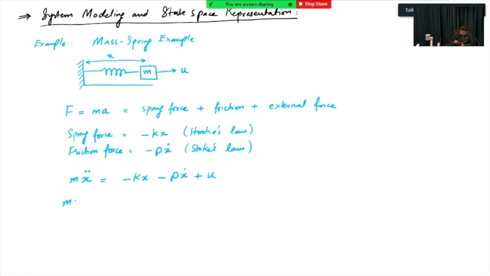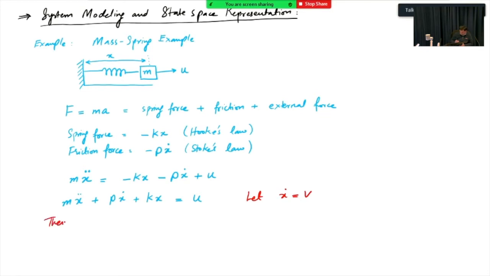So let's try to write this as m x dot dot plus rho x dot plus kx equals u, right? So let x dot equal v, just a substitution.